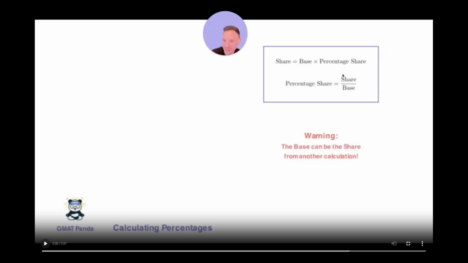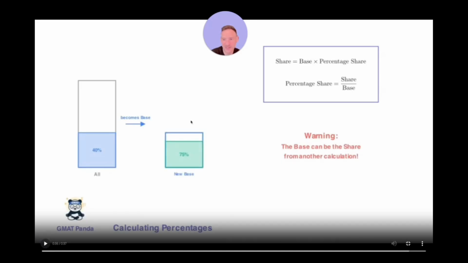However, when you're working out what is what, be very careful to not just rely on the units. Why? Because just because something has a percentage at the end, it's not automatically a percentage share. That could also be the share or the base. Yes, I know, it's starting to become a bit complicated. So let's say that we're surveying some part of the population.